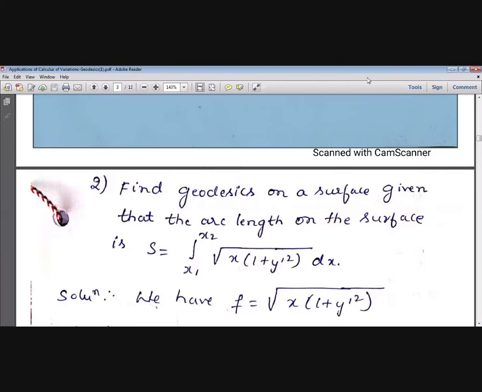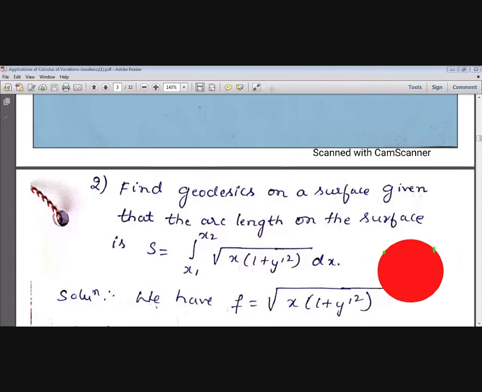So if this is the surface, then what is the geodesic? I told you geo is nothing but earth. Shortest distance between any 2 points on earth's surface. This is one point, I will take this as another point.